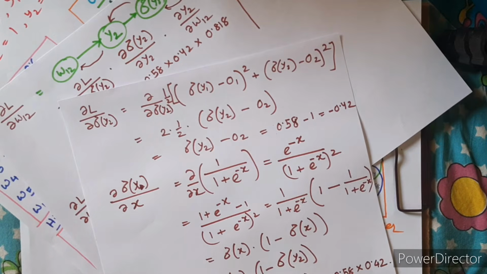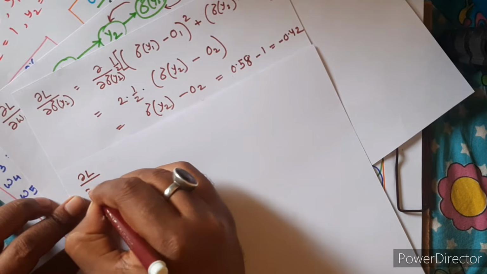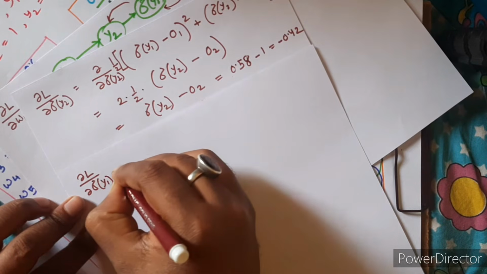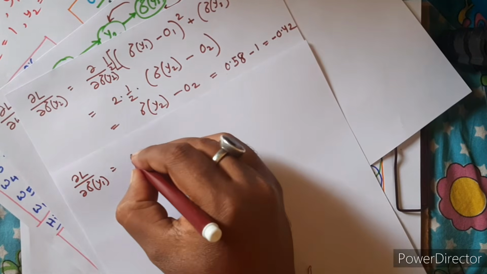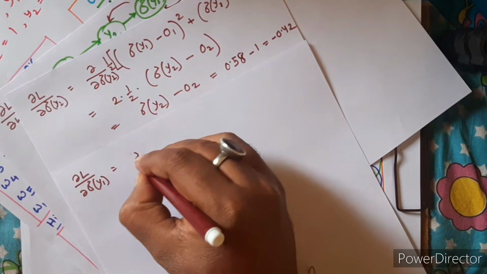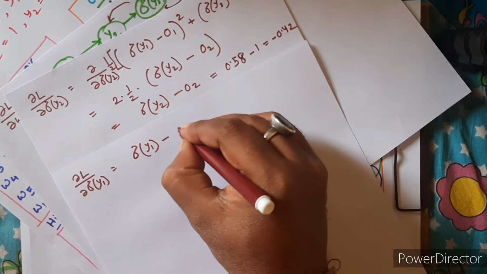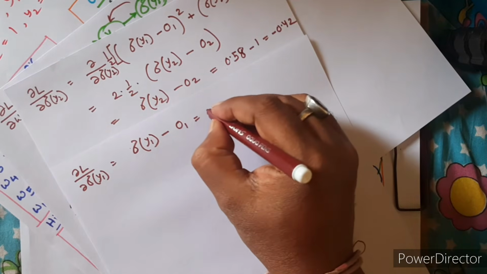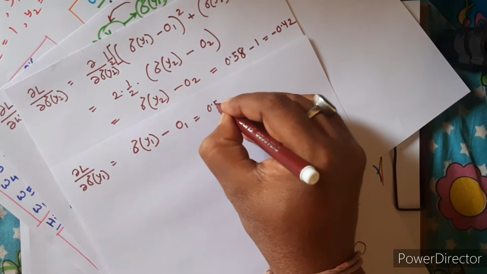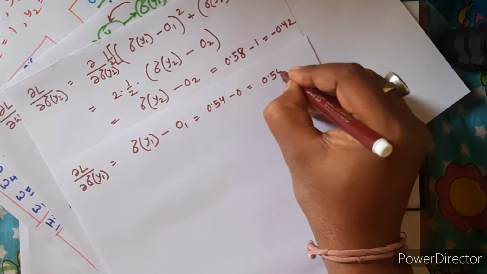So delta L by delta sigma Y1 is equal to, same way we can write, sigma Y1 minus O1, which is 0.54 minus 0, equal to 0.54.